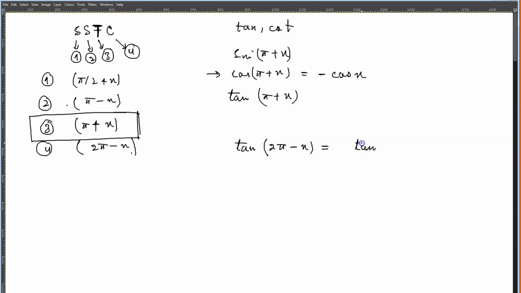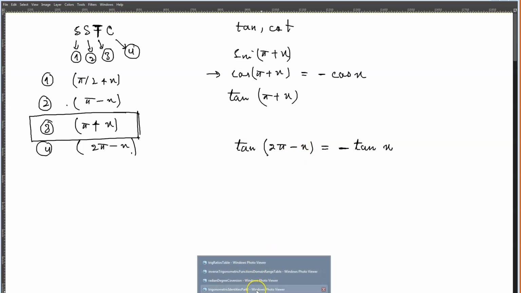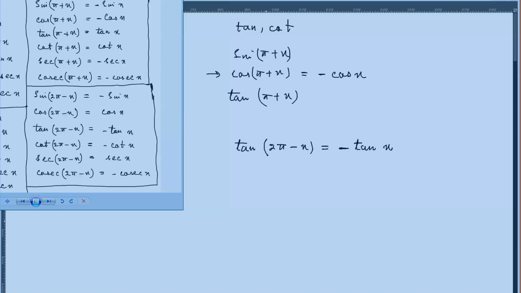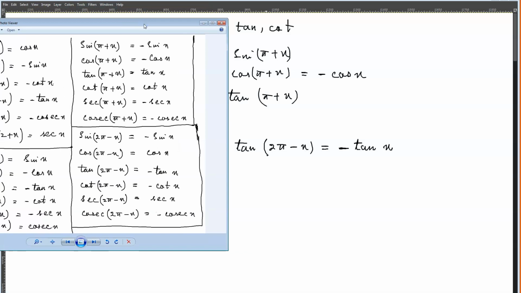So I'm going to get a tan here. And here cos and secant are positive, so tan is negative here. And so then I get the x here, which means that tan of 2 pi minus x is equal to negative tan x, as you can see.